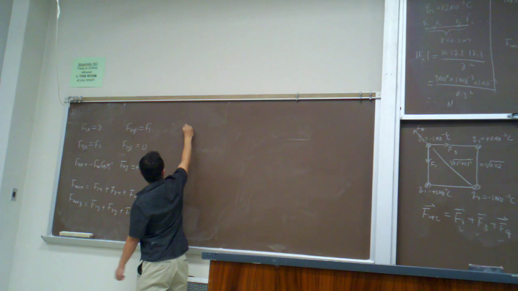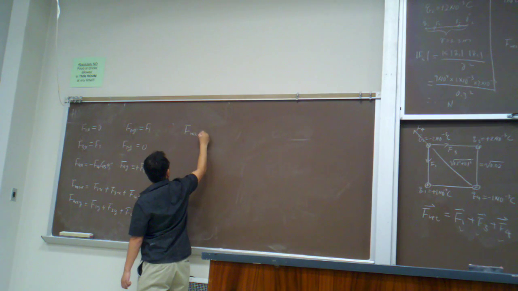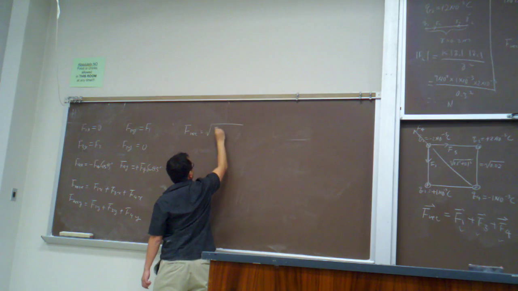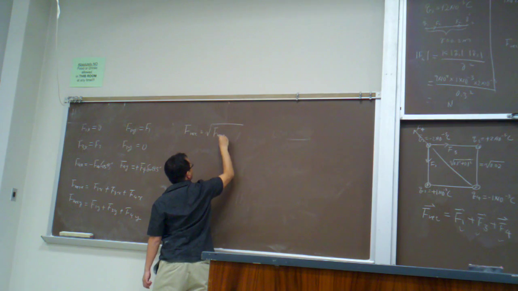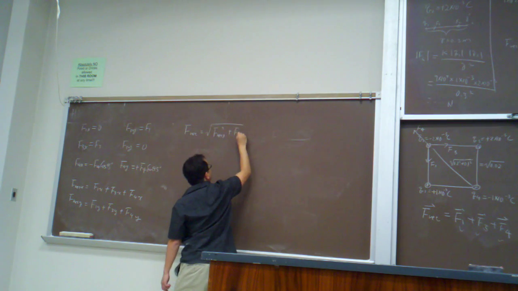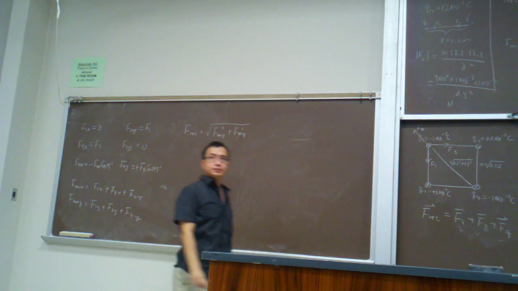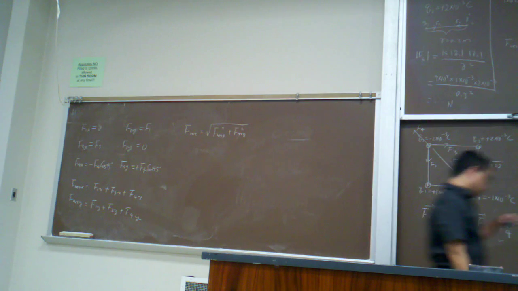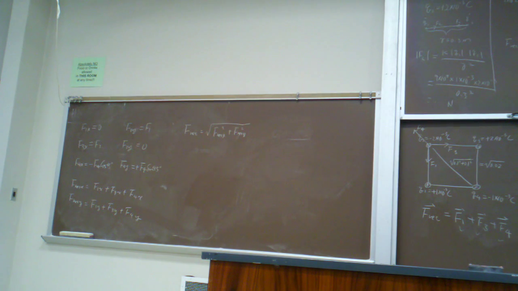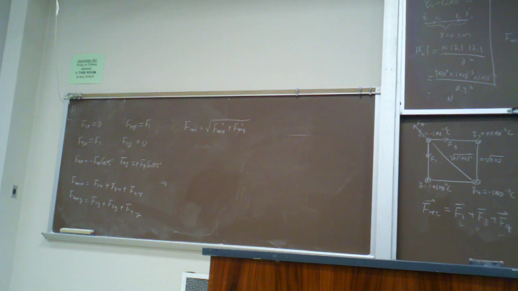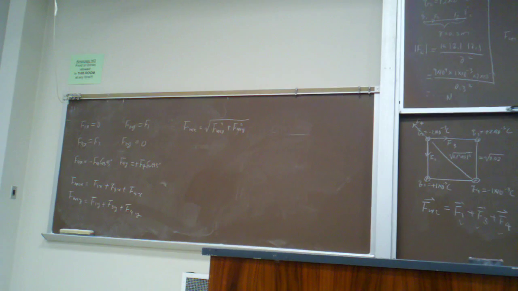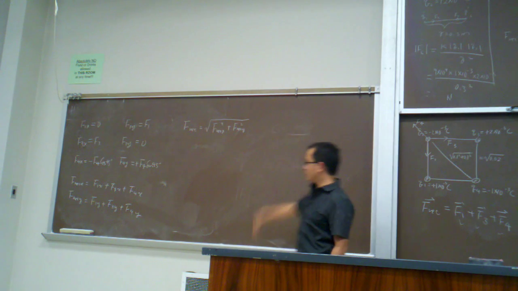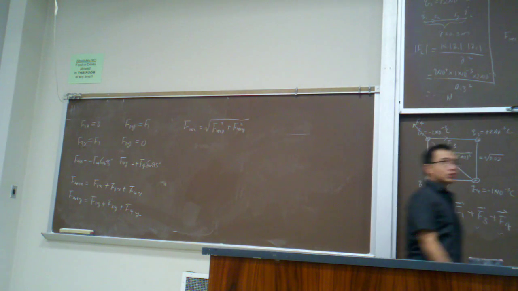And then how do you get the magnitude of the net force? The square root of F net x squared plus F net y squared, right? I will leave those calculations for you to finish. Here I just sketched out the main steps you are going to do. In fact, I guess this should be something you're very familiar with.